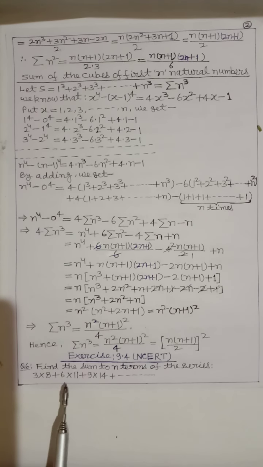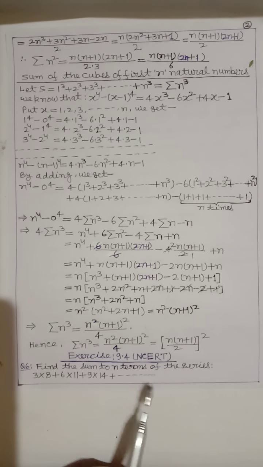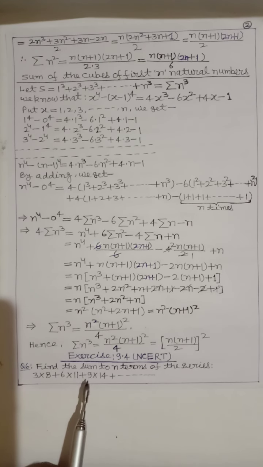Dear students, here in this question, respective components of each term are forming an AP. Here 3, 6, 9, 12 and so on form an AP. Similarly 8, 11, 14, 17 and so on form another AP.